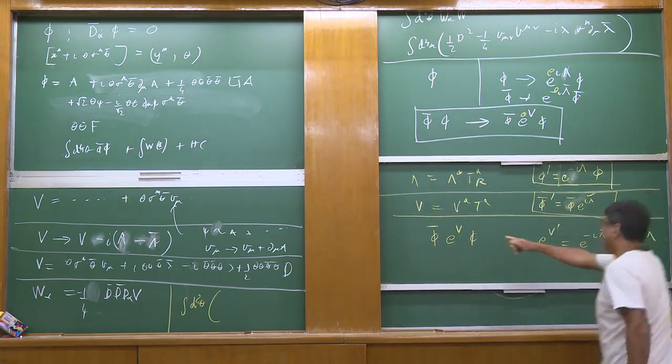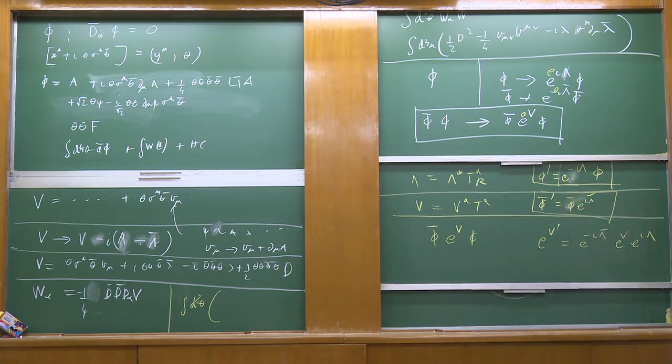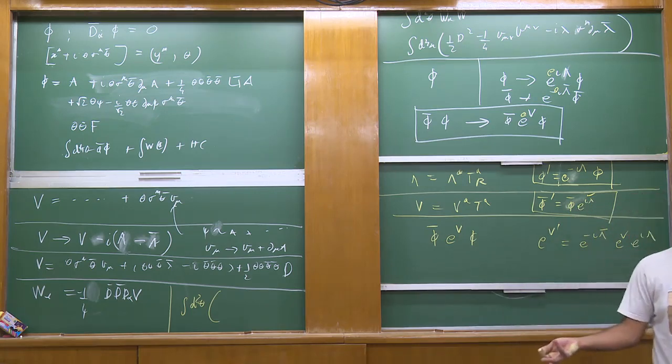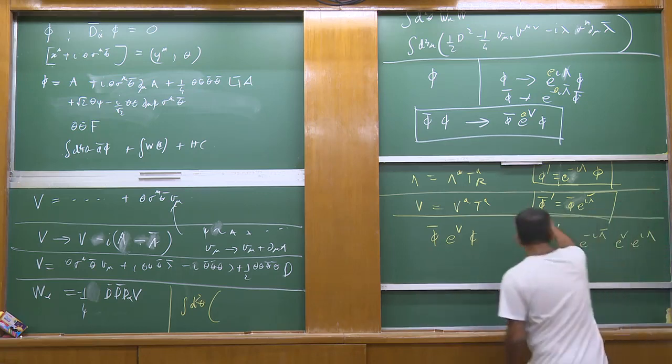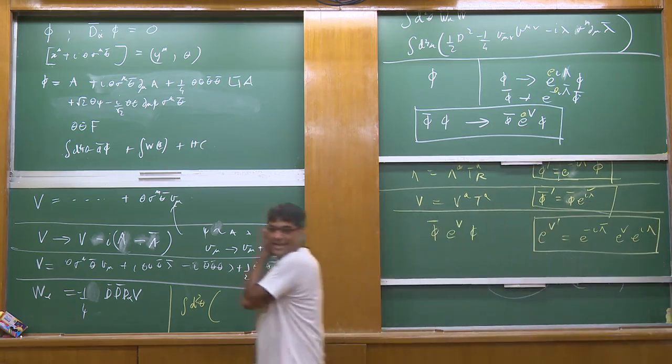And then this manifestly does the right thing because they cancel in pairs. This is defined through the exponential, because of course we want a non-abelian transformation. We don't want a linear transformation. So this is the gauge transformation rule of the gauge boson.